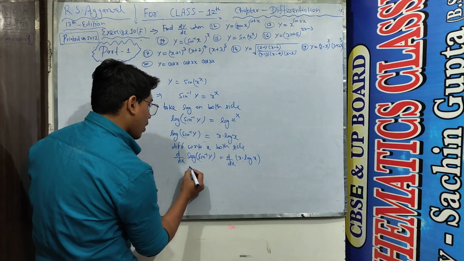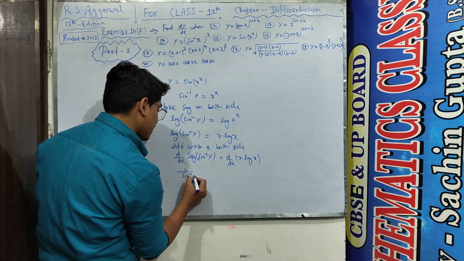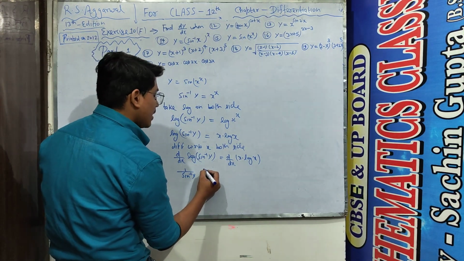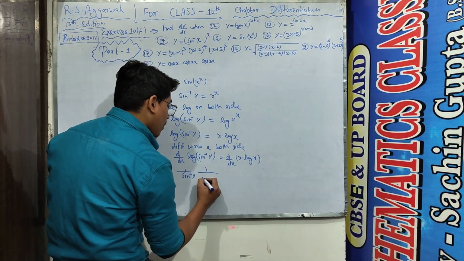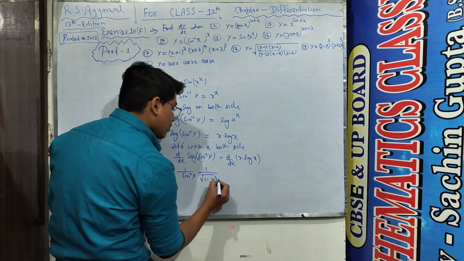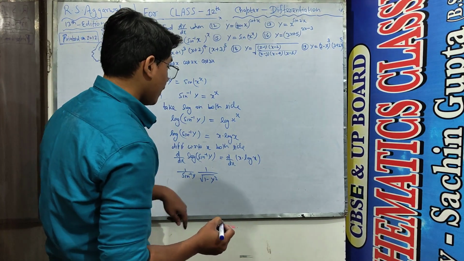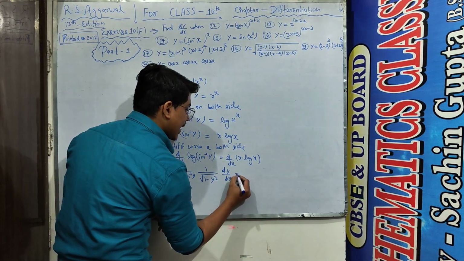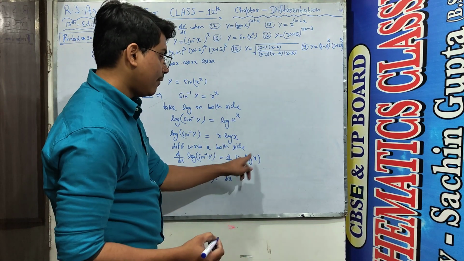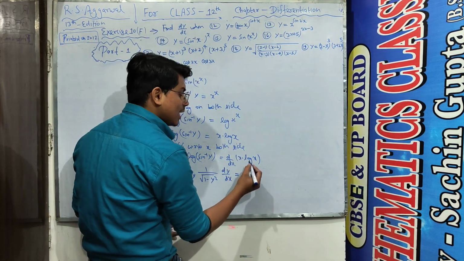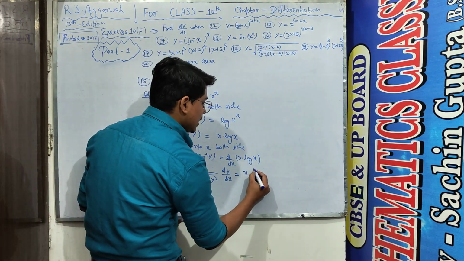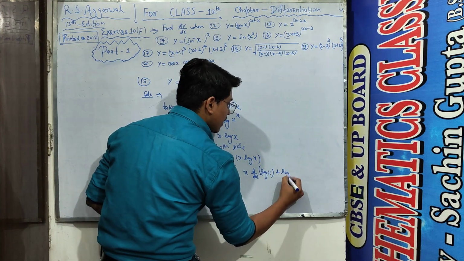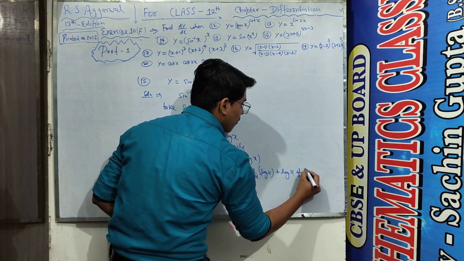Student, the differential of log sine inverse y is 1 upon sine inverse y, and we again differentiate sine inverse y, then it becomes 1 upon under root 1 minus y square, and we again differentiate y, so we write here dy by dx. And here, student, we apply the first-second rule. First is our x and second function is log x, so first d by dx of second, and second d by dx of first.